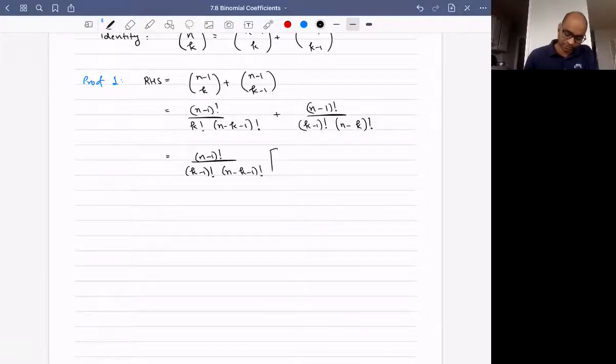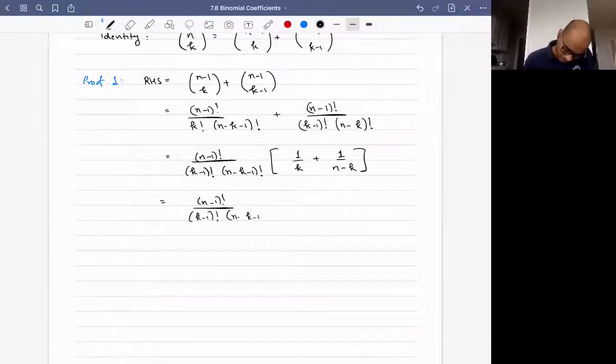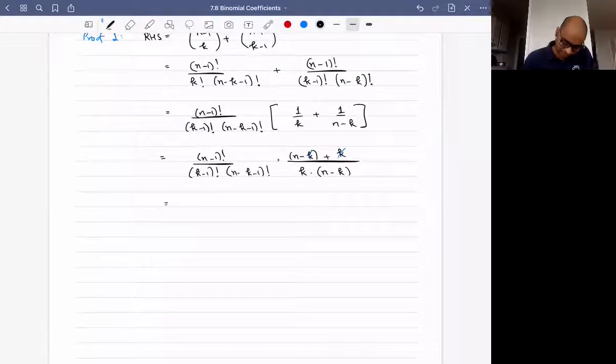And now what I'm left inside is 1 over k plus 1 over n minus k. And now I just combine the two fractions. Here, one of the k's cancels. And then I'll distribute the terms slightly so that I get a nice result.